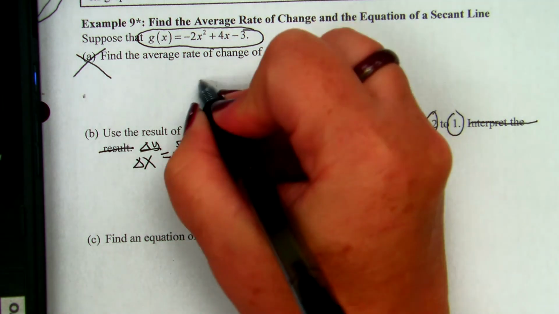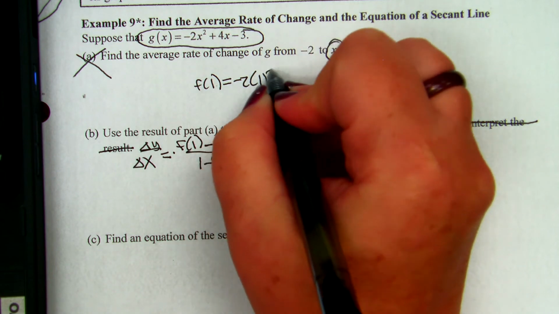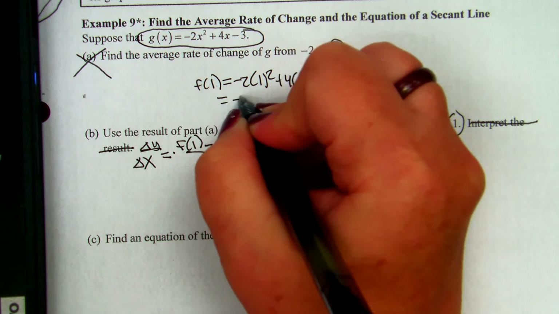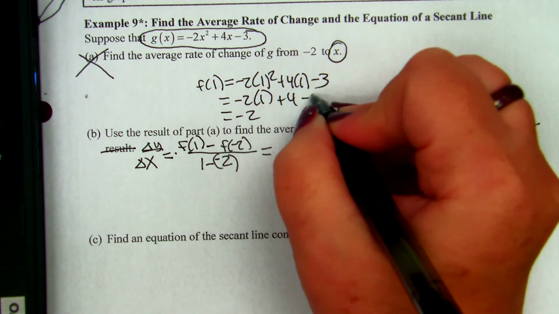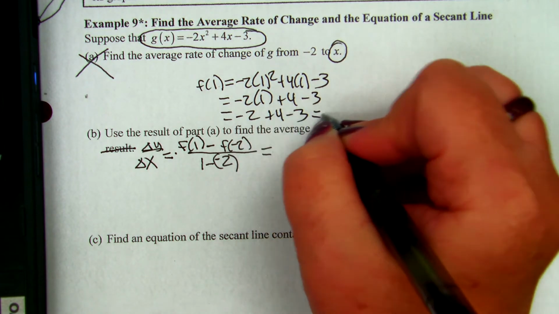So f of 1 is -2 times 1 squared plus 4 times 1 minus 3. -2 times 1 is -2 plus 4 minus 3. 2 minus 3 is -1.